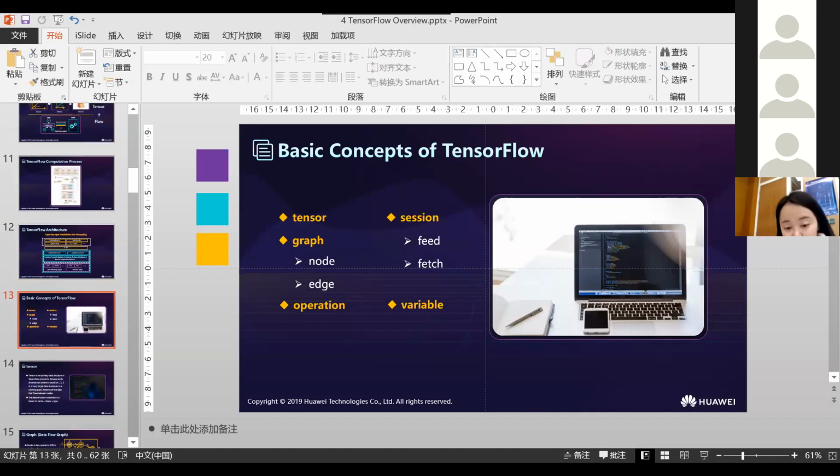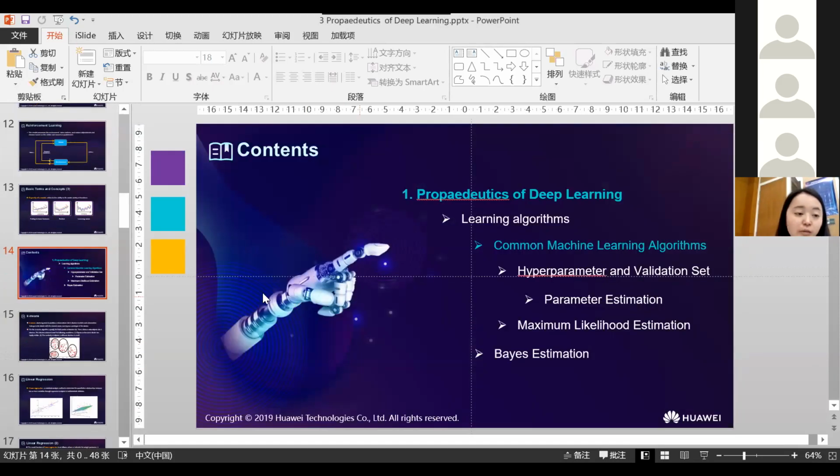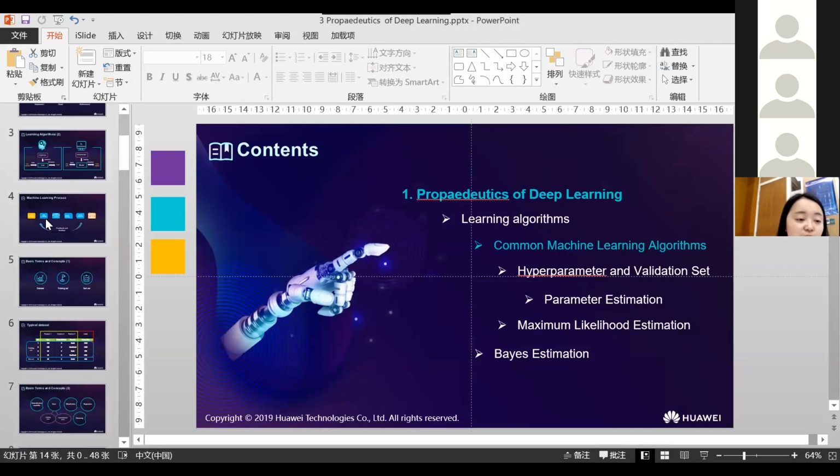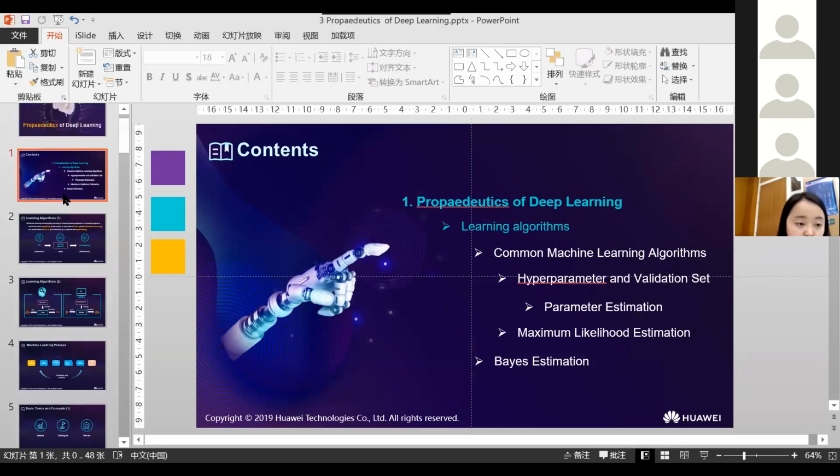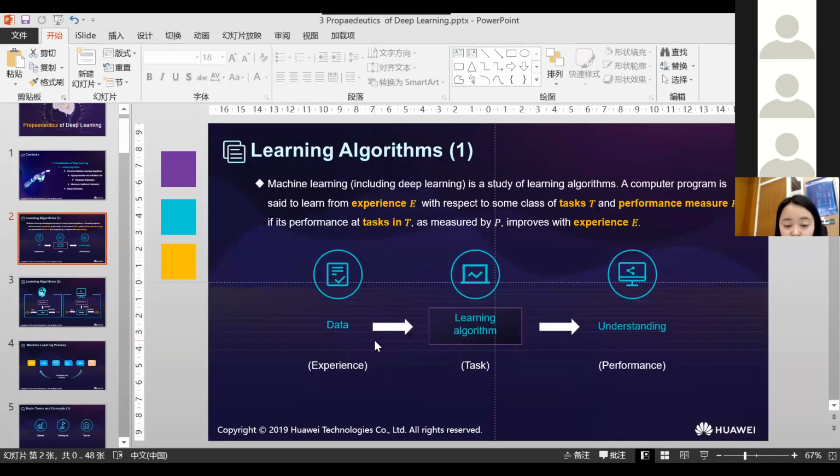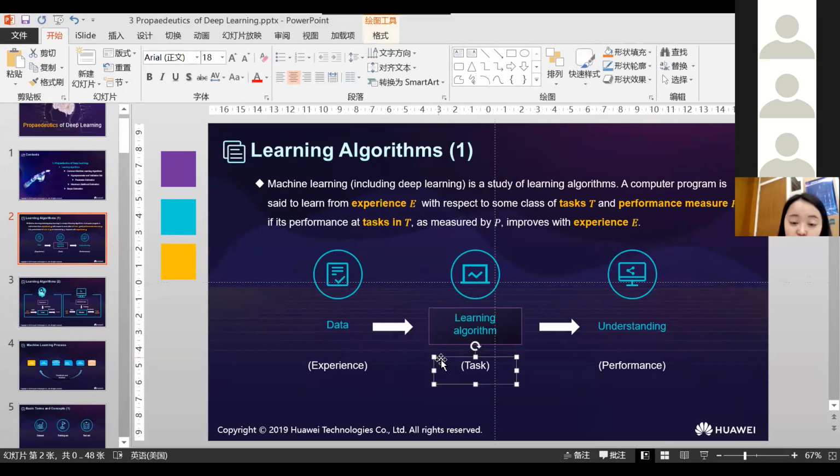And then we talked about the deep learning part. First, what is a learning algorithm? We talked about experience for us human beings being just like data to the algorithm and these models. So we have a specific task.